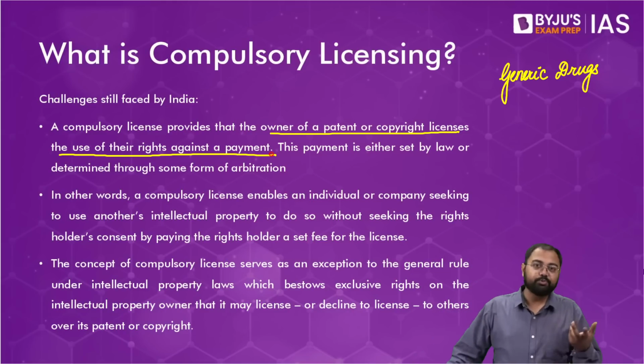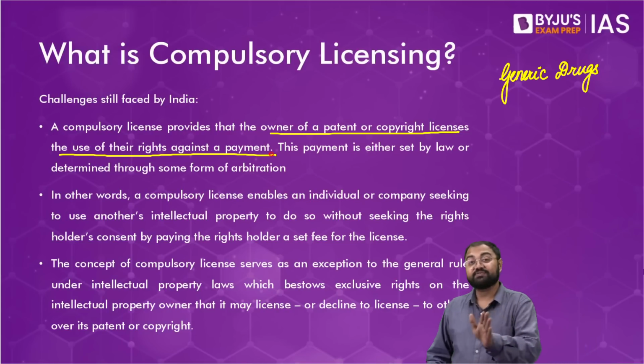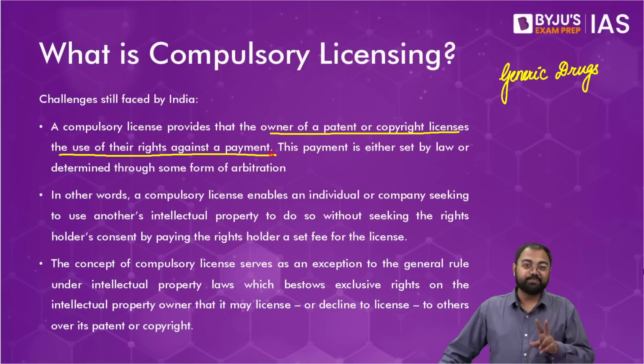Vaccines are also new products or new processes, so that's why they are also patented. Now let's say the company that holds the patent for the COVID-19 vaccine comes to the government of India and gets the patent in India. Now it has exclusive rights over this vaccine. Suppose they start selling this vaccine for rupees 1 lakh per dose, so you have to spend rupees 2 lakhs for getting those two doses.